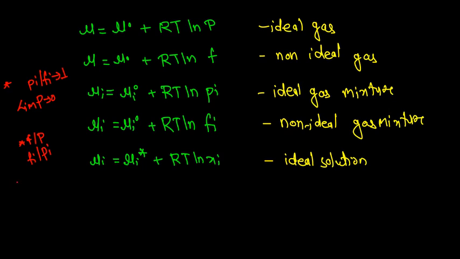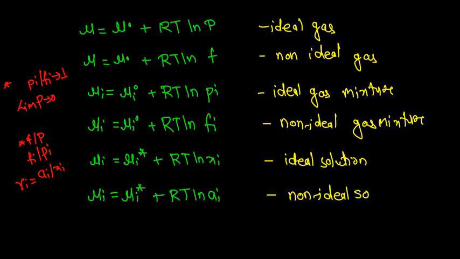In a similar manner, we define gamma i equals ai by xi, where ai is the activity of ith component, gamma is called the activity coefficient. So therefore, for a non-ideal solution, we define mu i equals mu i asterisk plus RT ln ai, where ai is the activity of ith component, and this is for a non-ideal solution.